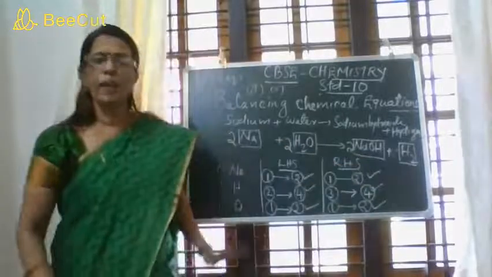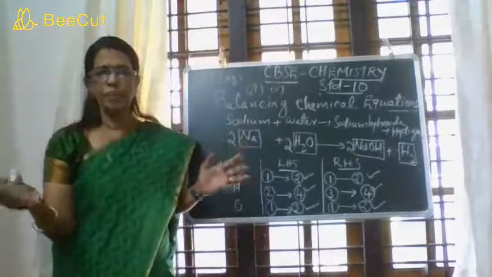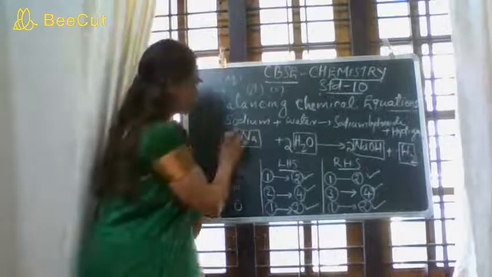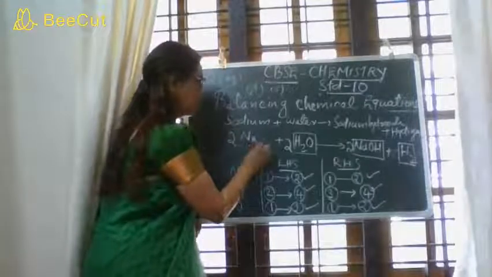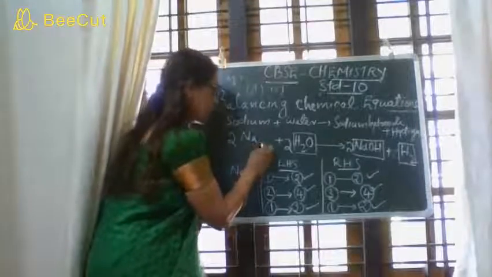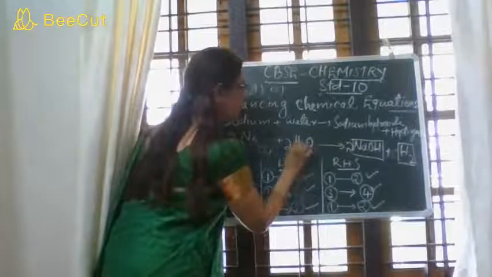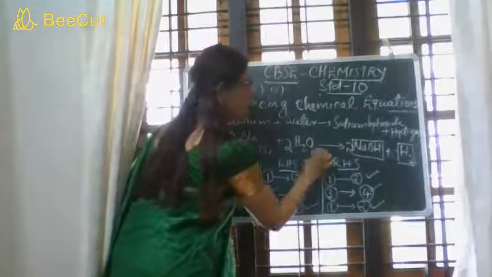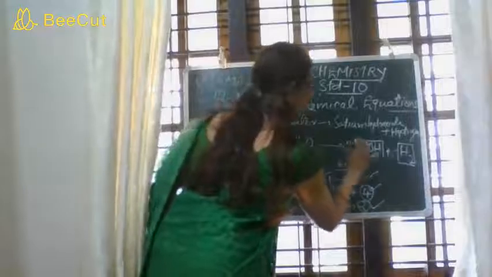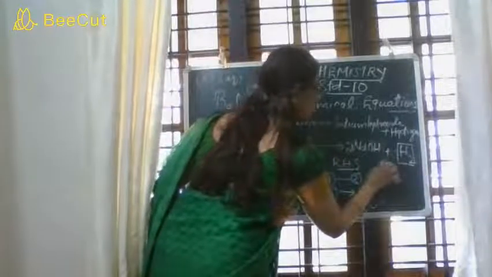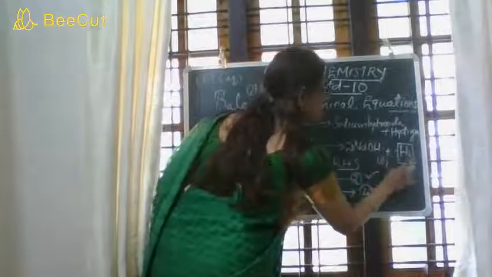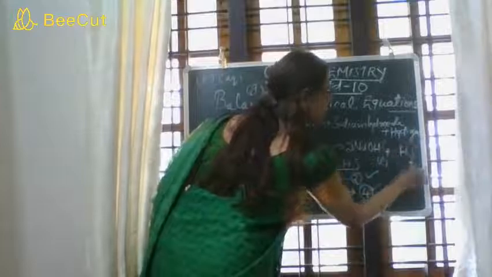Then after that you remove the boxes and you put the physical states. Solid sodium is in the solid state, and water is in the liquid state. Then sodium hydroxide is in the liquid state, hydrogen is in the gaseous state.